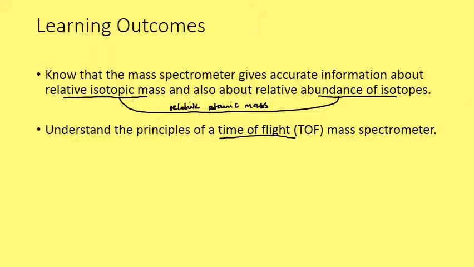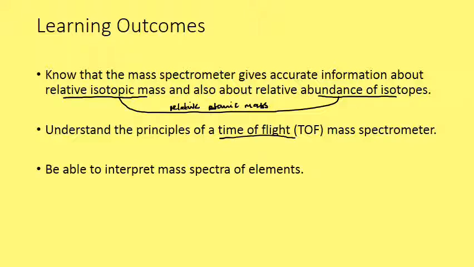Heavier ones are going to take longer to get across the mass spectrometer than lighter isotopes, and so you can use that time of the isotope to get from one end to the other of the mass spectrometer to differentiate between the isotopes.